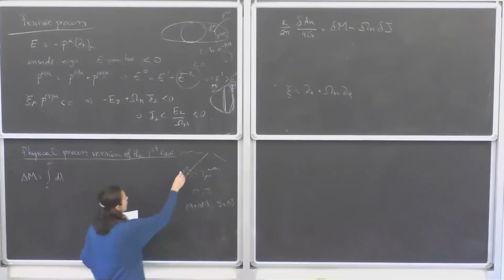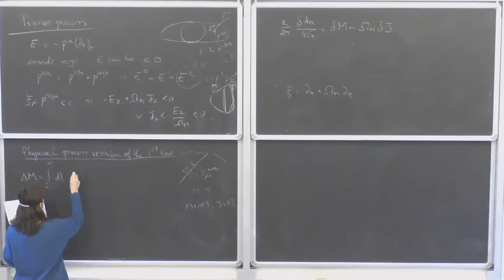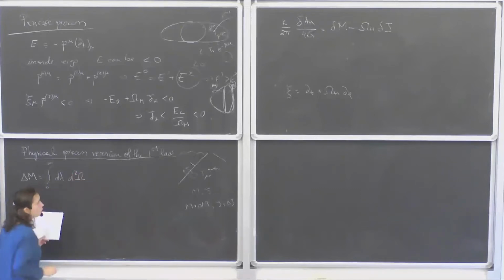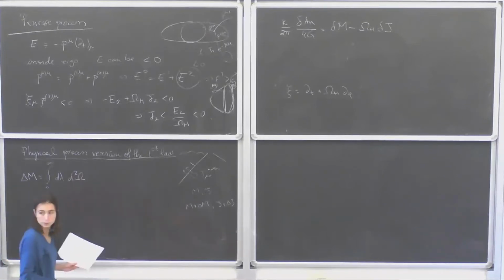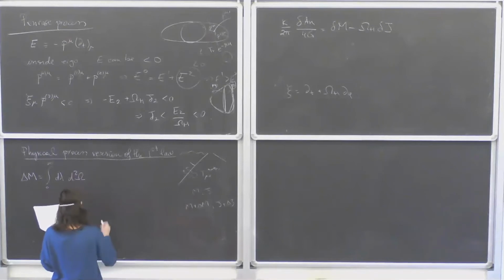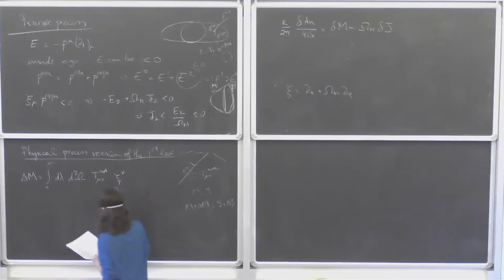of d lambda, where lambda is the affine parameter on the horizon, times d squared omega, the volume element of the cross-section, into the energy flux of the matter. Since I'm looking at mass, I should be dotting this into tau nu, where tau is just d t.